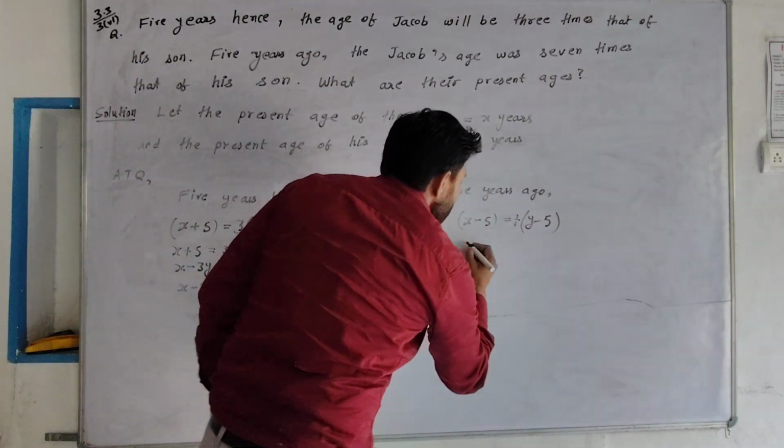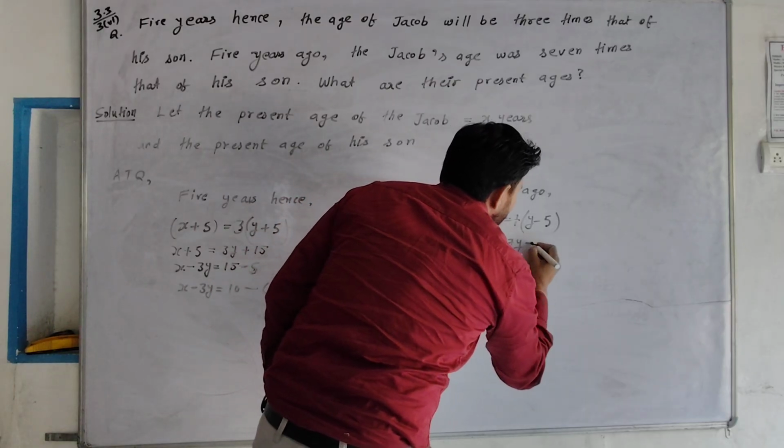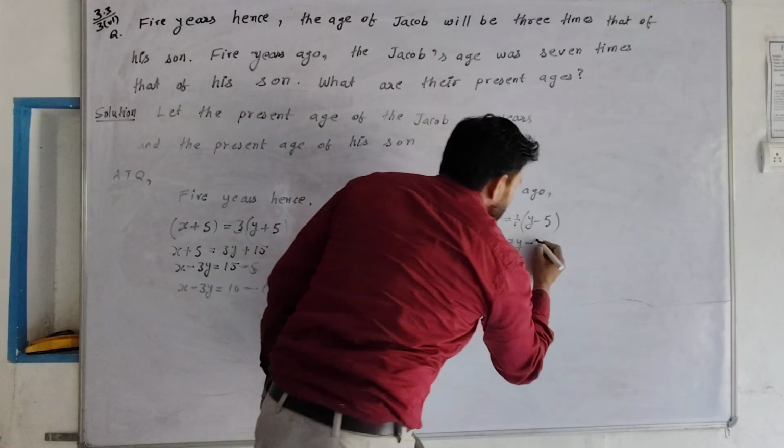Now solving this, x minus 5 equal to 7y minus 7 multiply 5, 35.